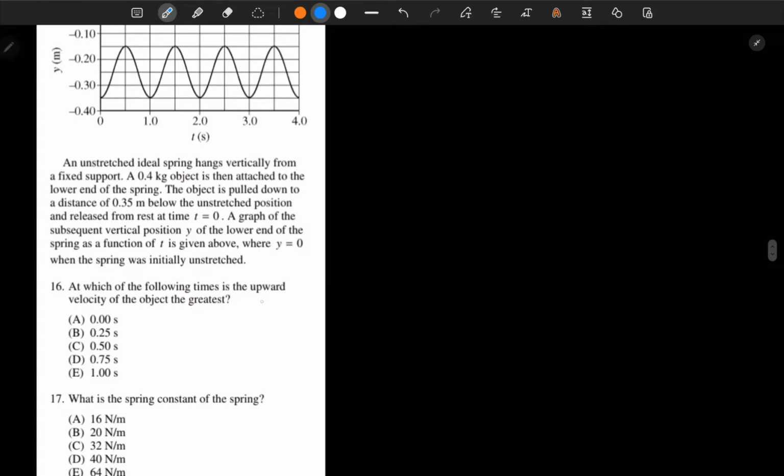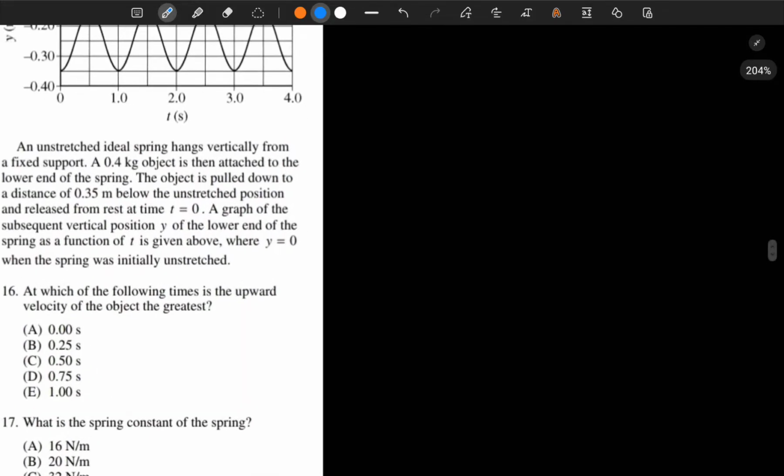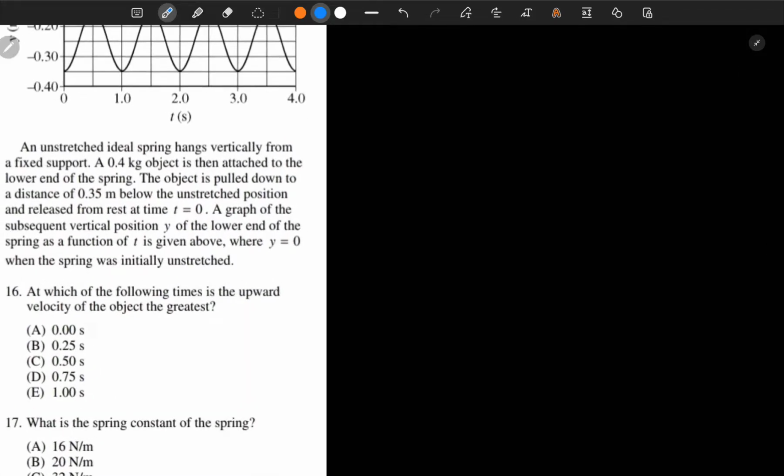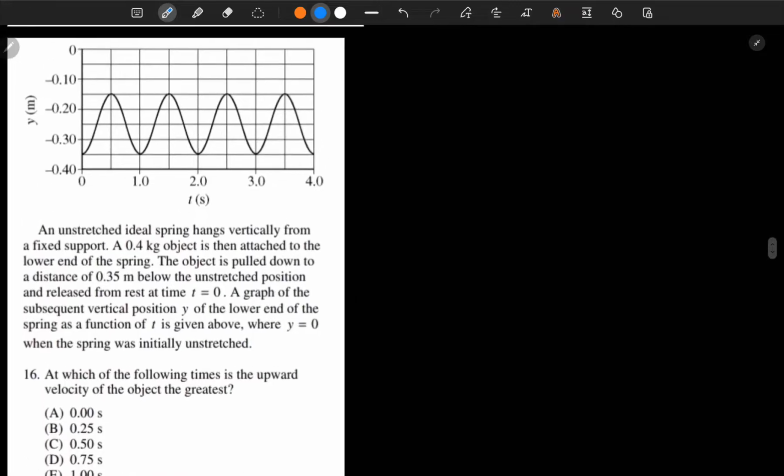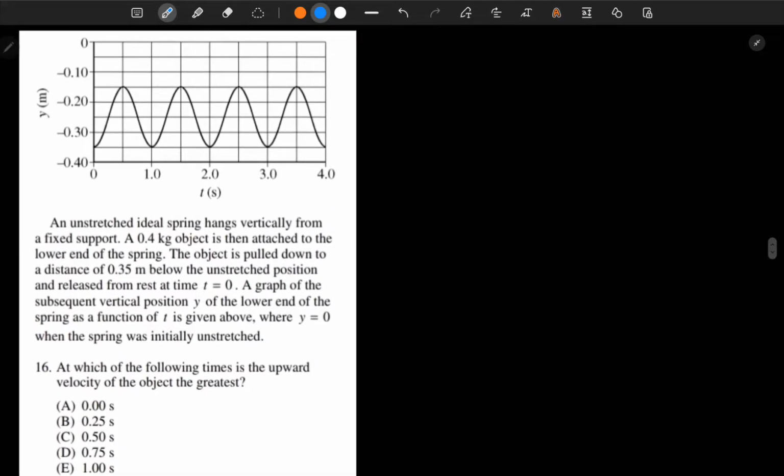At which of the following times is the upward velocity of the object the greatest? Well, let's look at the plot above. We know that this orange line that I'm drawing is the position about which the mass is oscillating.